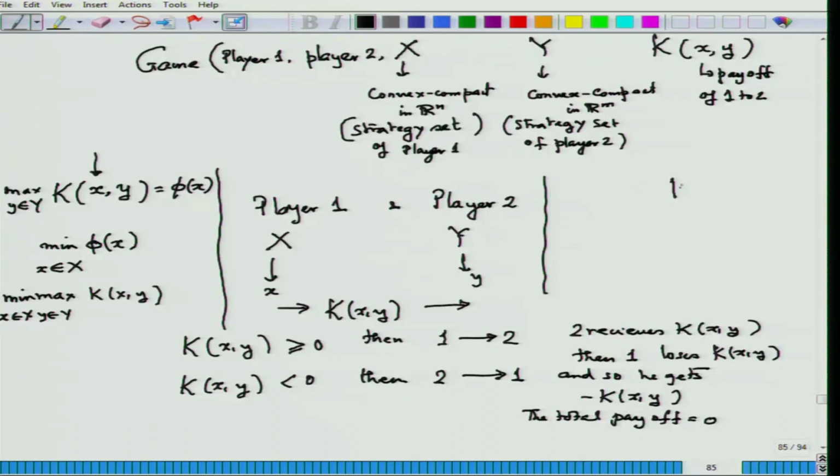If player 2 can put in whatever strategy he likes, suppose he chooses a strategy y. Corresponding to this input y of player 2, he knows that player 1 has at his disposal any strategy from x.